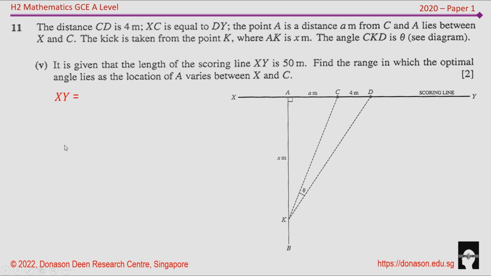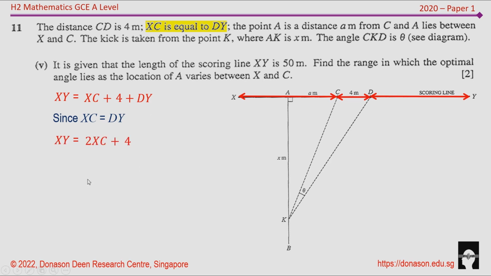So let's first of all look at XY. XY is XC plus CD, which is 4 meters, plus DY. If you recall, we are told that DY is the same length as XC, so I could replace it.